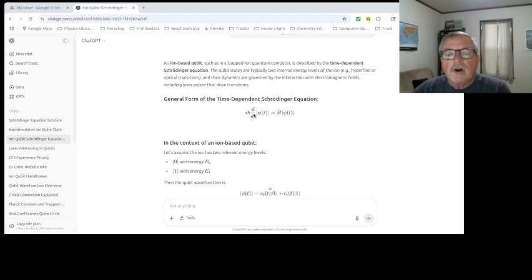It's not a partial because it's just a function of t, but the first derivative of this function equals, that's supposed to be an equals sign, it's really dim there, the Hamiltonian, which is the total energy operator, and then here's the function. So take the first derivative, you get that function back times a constant.